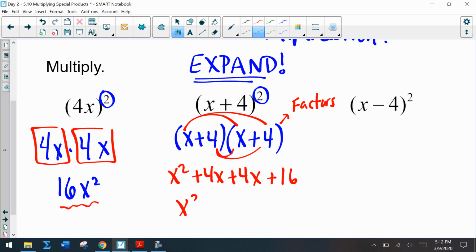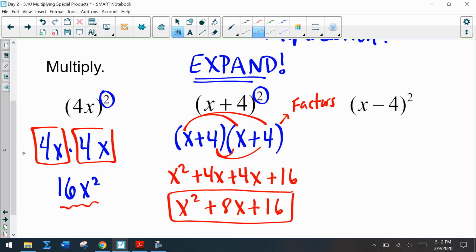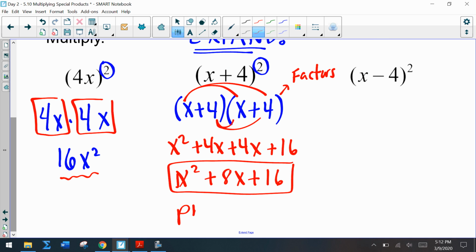So x squared plus 8x plus 16. And this answer is called a product. And the product is a trinomial.